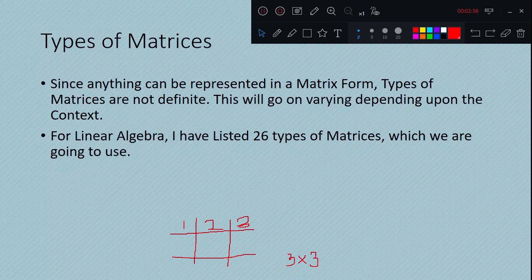But since we are dealing with linear algebra, we don't need to go to all those matrices. We have to be specific about those matrices that we are going to use in this particular subject. I have listed them, and there are 25 types of matrices that we are going to use in future.